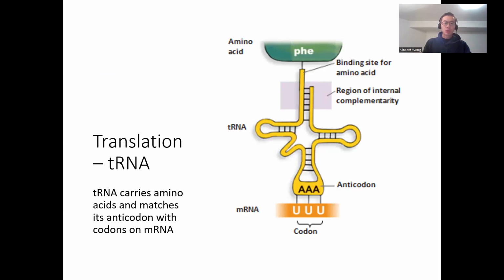Let's take a closer look at the tRNA. The tRNA looks like this. It's like a clover leaf, right? Like a club, if you would, and it has 2 ends, okay, that you have to pay attention to.